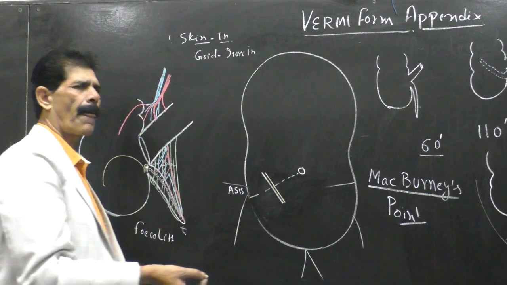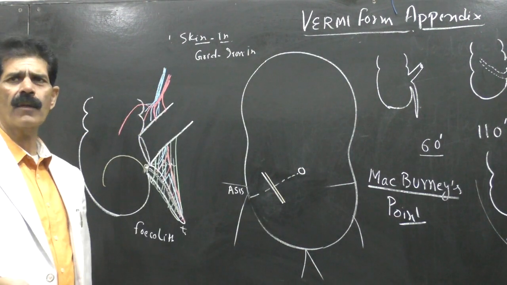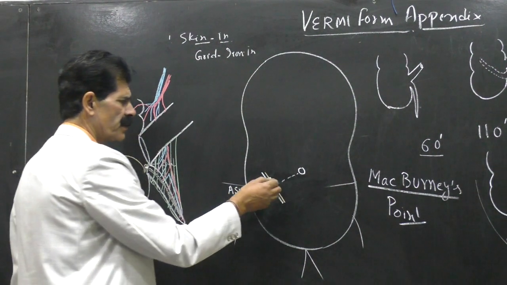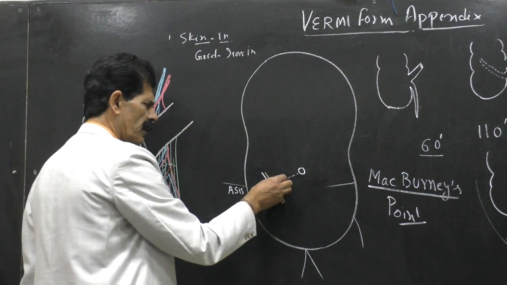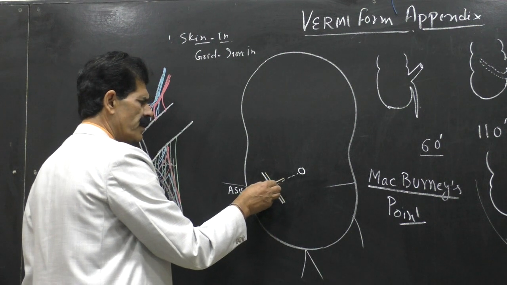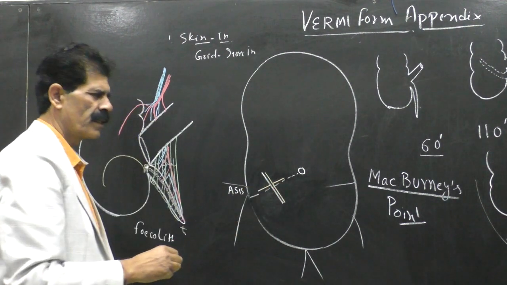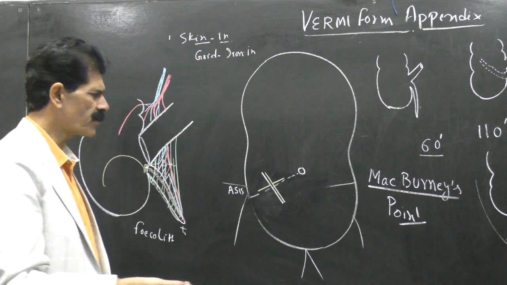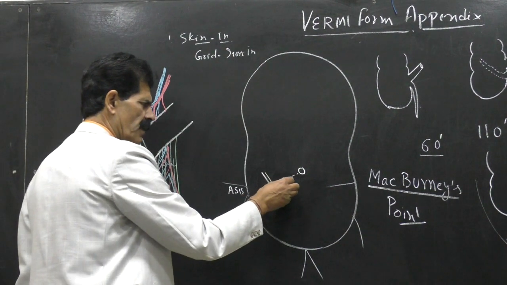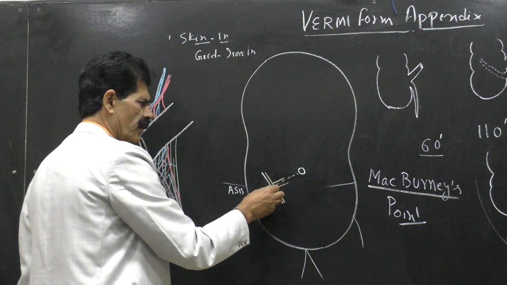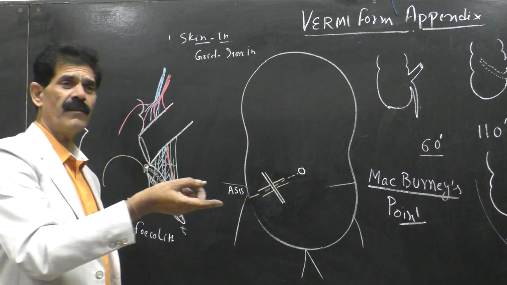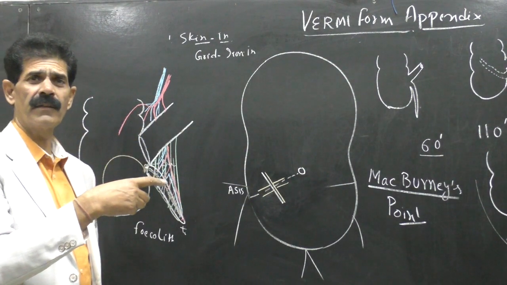Then in the third step, after the external oblique comes the internal oblique. We know the direction of its fibers is opposite, so we give a 90-degree incision to that of the external oblique. Then transversus abdominis is also cut transversely, with the same kind of incision. So each incision is at 90 degrees to the previous one.